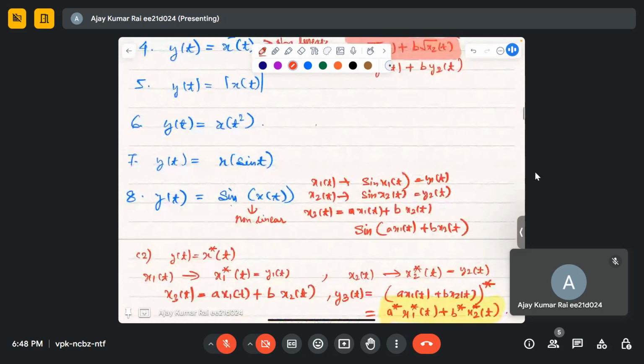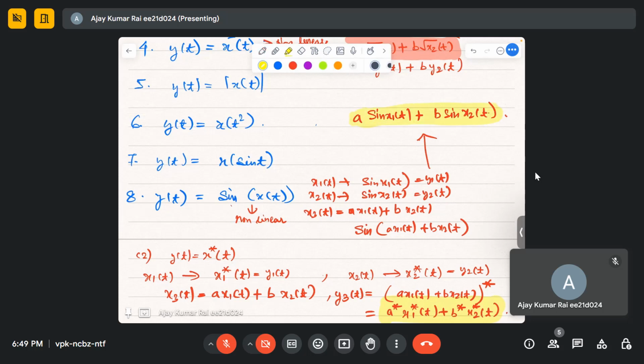But for linear, what you should get is a sin x1(t) plus b sin x2(t). You see, these two should be equal for linearity, and they cannot be made equal, right? So this is also non-linear.